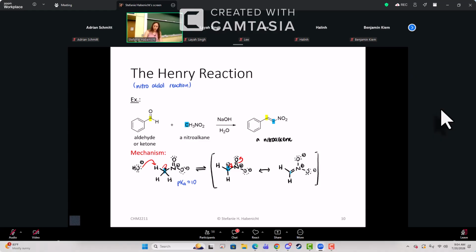So deprotonation of nitromethane gives the conjugate base, a so-called nitronate anion. A resonance stabilized nitronate anion is what forms in the deprotonation of the nitroalkane, here nitromethane.